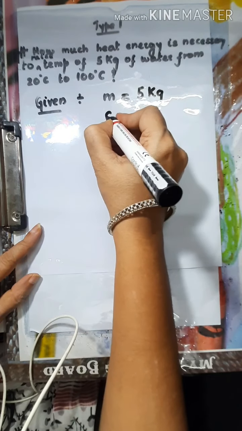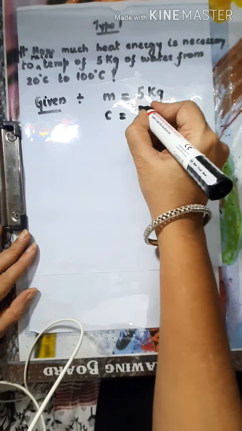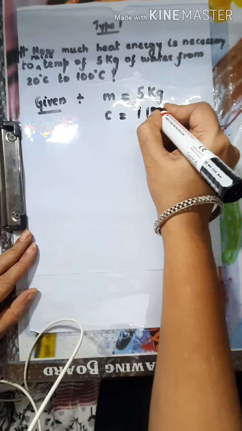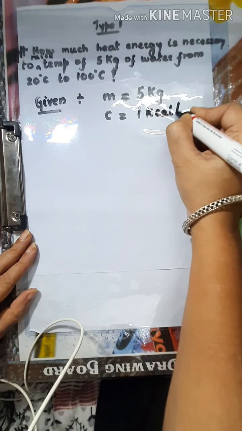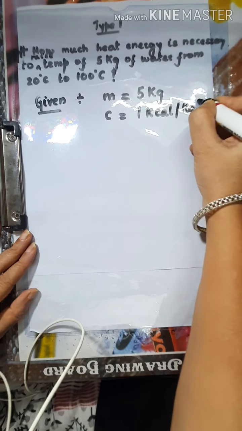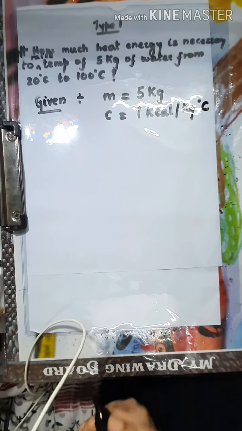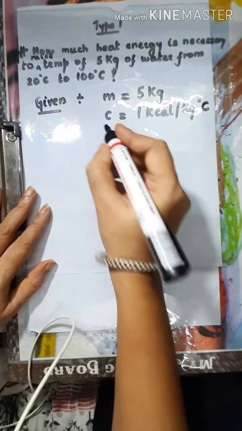Now we know that the specific heat of water is 1. Because it is kg, I will take it as kilocal per kilogram degree Celsius. And I want to increase the temperature.